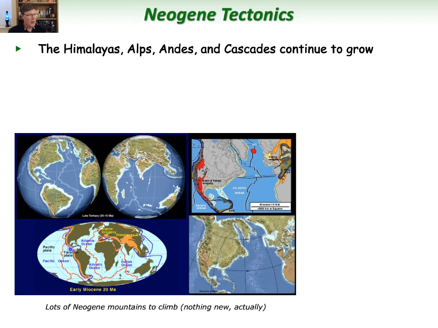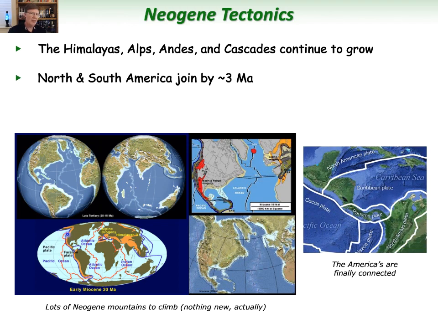Also, in the Central America area here, we're starting to see continental fragments come together in the area between North and South America. These would eventually join by about 3 megaannum, is when we think North and South America connected. They've been apart for a long time, and now for the first time they've been joined, although it's very narrow, the Isthmus of Panama.